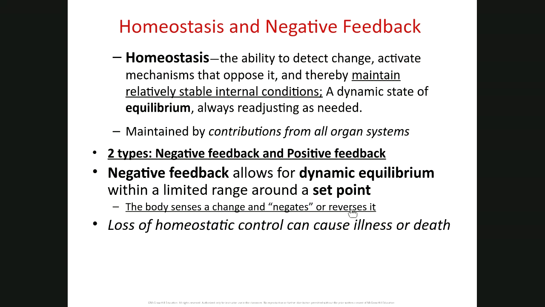So for example, let's say body temperature rises high. The body is going to go through a process to lower, to reverse that. That's why it's called negative feedback. Now, in general, if you lose the ability to maintain homeostasis, if your negative feedback or positive feedback systems fail, it can actually cause death.